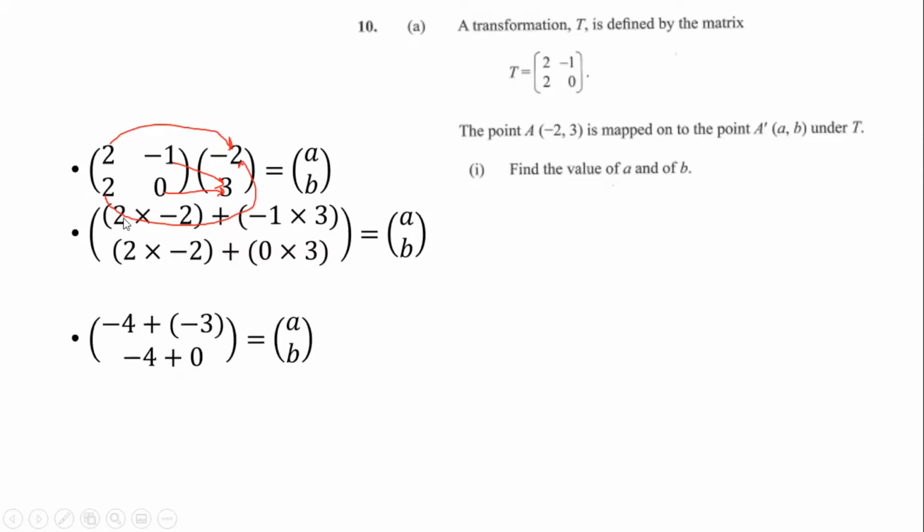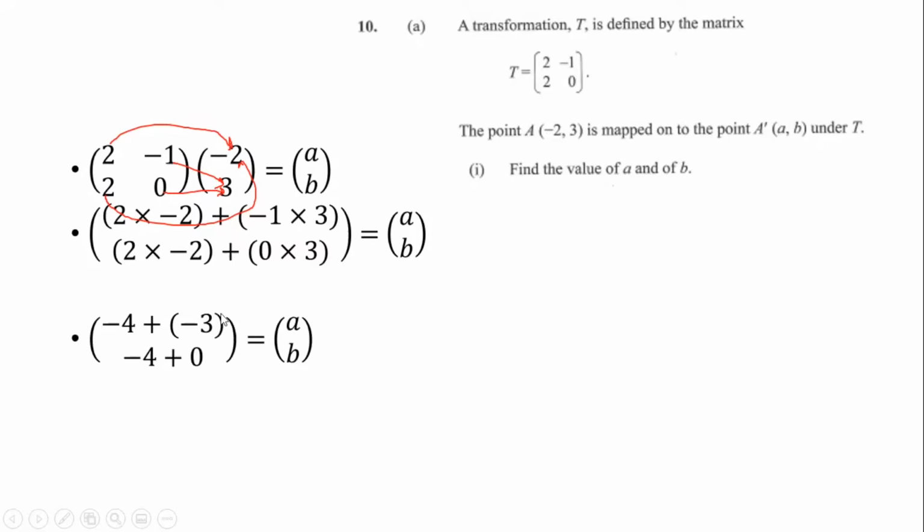So when we do 2 multiplied by negative 2, we get negative 4, plus negative 1 multiplied by 3 to give us negative 3. And then 2 multiplied by negative 2 gives us negative 4, plus 0 multiplied by 3 to give us 0. Now we can complete this matrix and get the corresponding values for a and b.